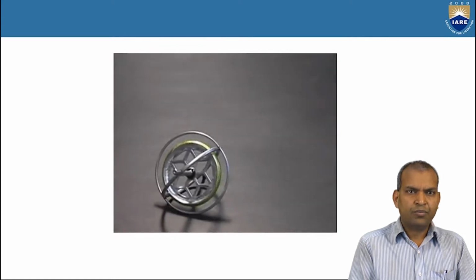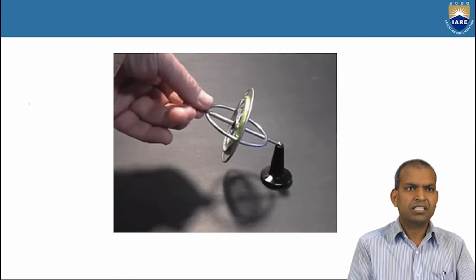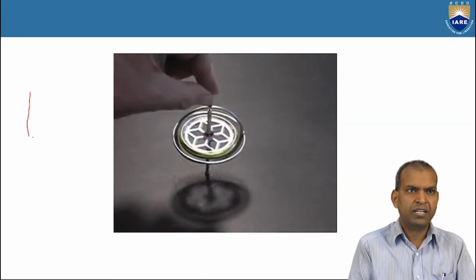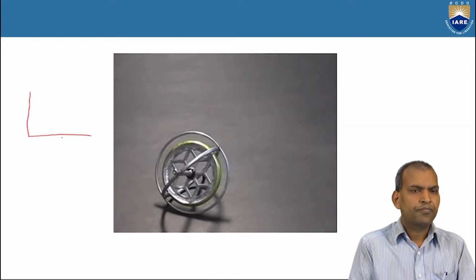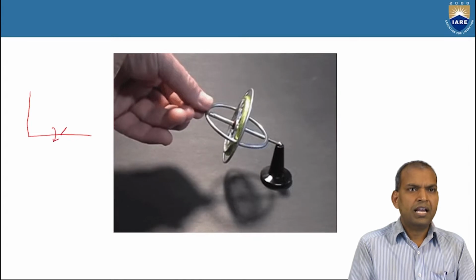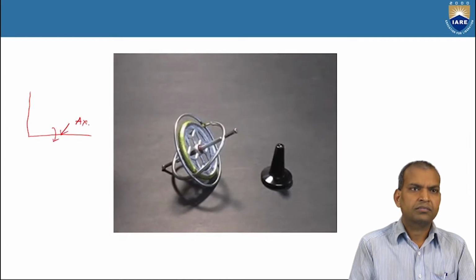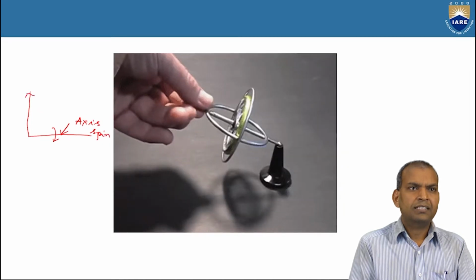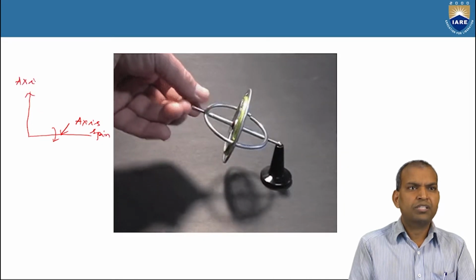Before going to these examples, let us discuss the principles better: how the gyroscopic effect takes place in different axes. This is the axis of spin, and this is the axis of precession.